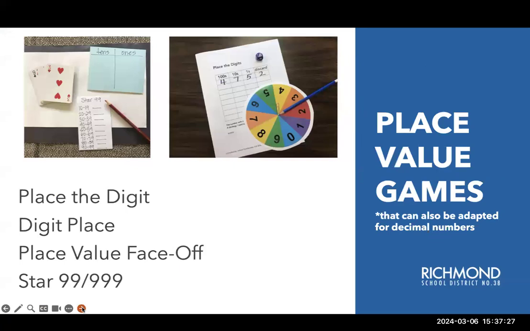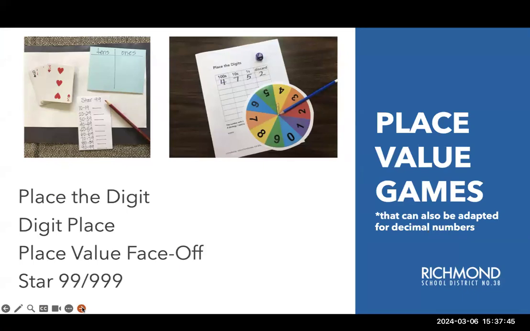So in thinking about those core number concepts that we're developing from grade 1 through grade 7, place value, and then the related concepts with decimals, because decimals start in grade 4. And if they don't understand the place value system on the left of the decimal point, they're going to have difficulties with the right of the decimal point.